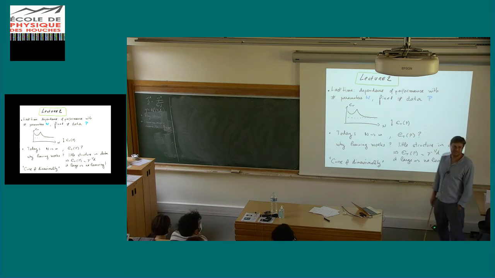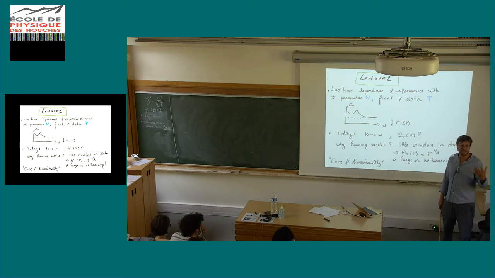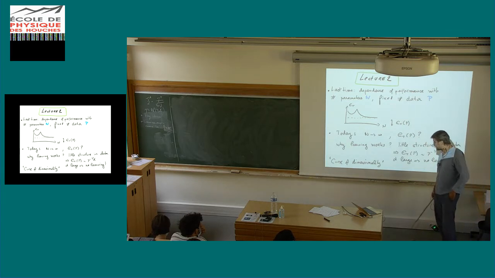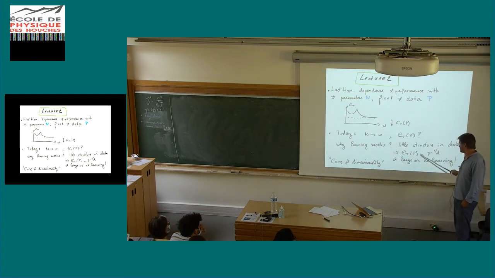So one puzzle is really to understand why you can learn at all. I mentioned that in large dimension, you have this curse of dimensionality, the fact that all your data points are very far away from each other. For example, for regression, if you're trying to regress a function and you assume that this function has very little structure, it can be shown that you cannot hope in general to do better than a test error, in that case a mean square error, that would go like the number of data p to the power minus 1 over d.